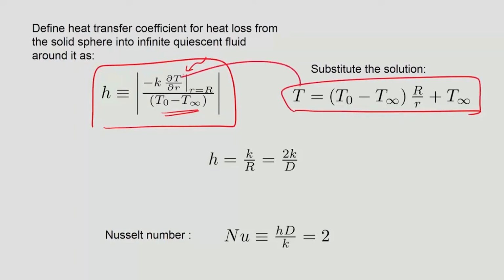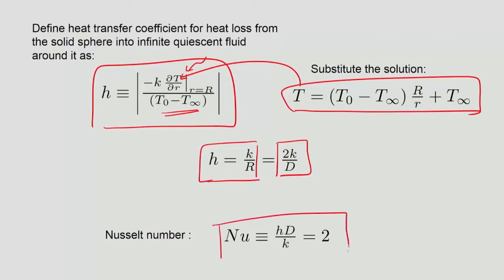So, we substitute that here, and we will see that it straight away gives you h is equal to k by R, which means 2k by d, because we want to look at the expression with the d, since the Nusselt number has that. So, we can straight away see that the Nusselt number for this problem comes out very elegant, just 2.